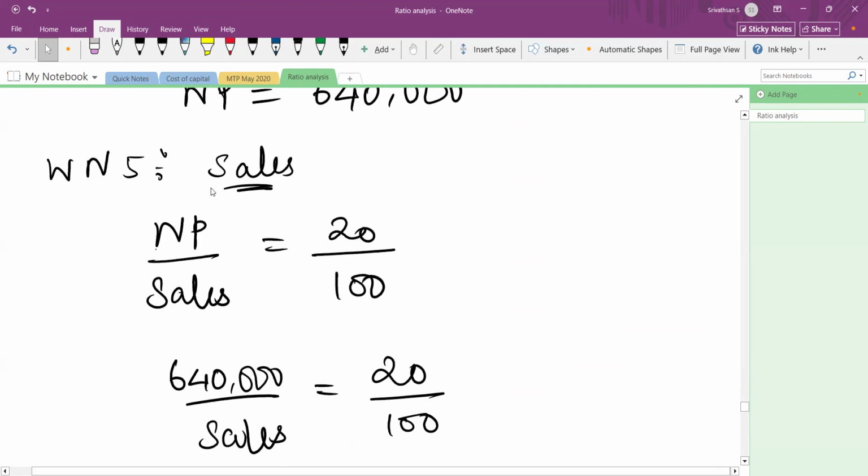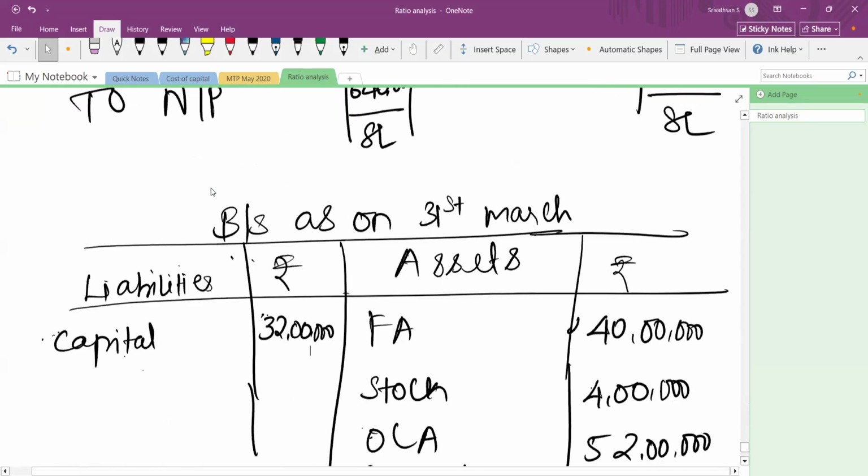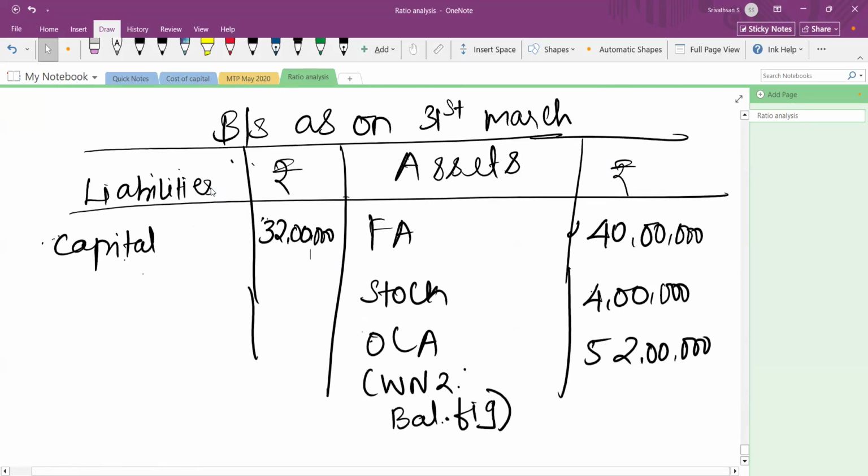Question number 39. I think that is the reason why they have not added it.